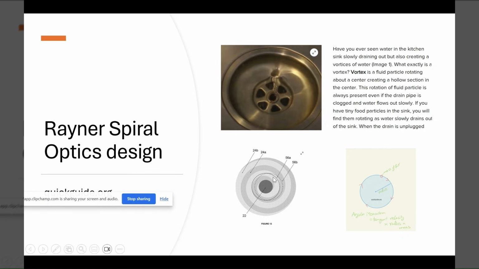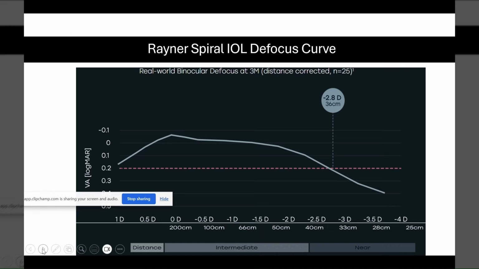So that basically is the spiral optics design. You can go into my website, Rayner Spiral Optics Design IOL, where I give a full explanation of this lens.